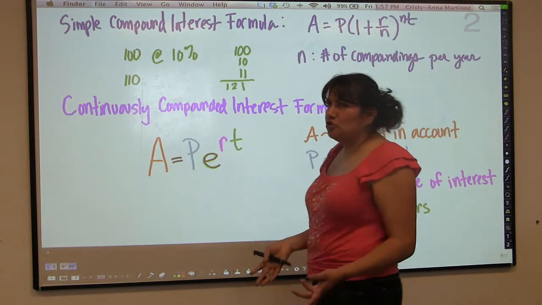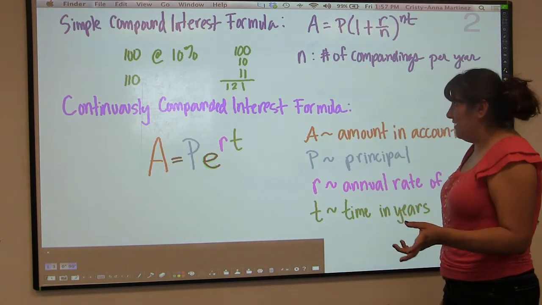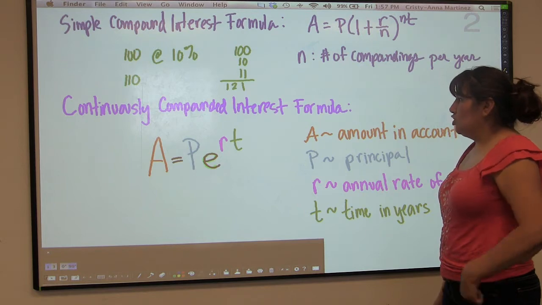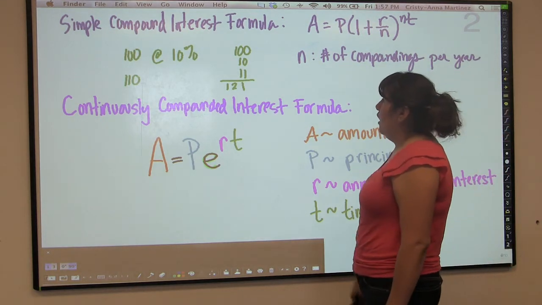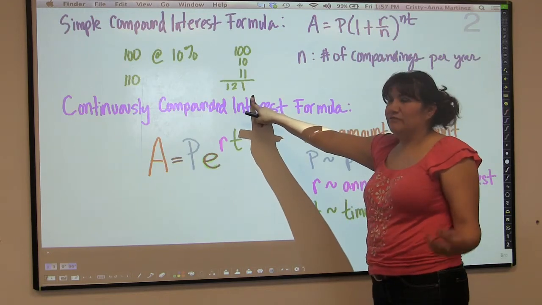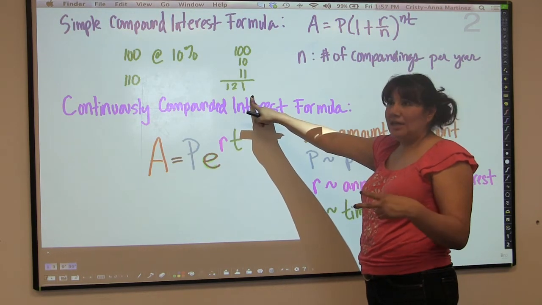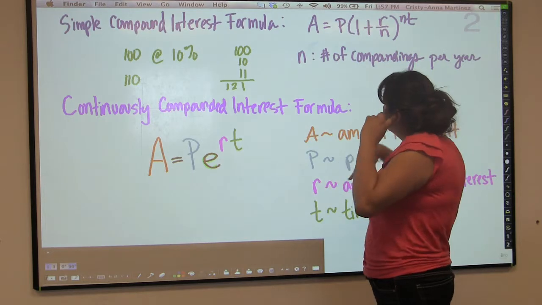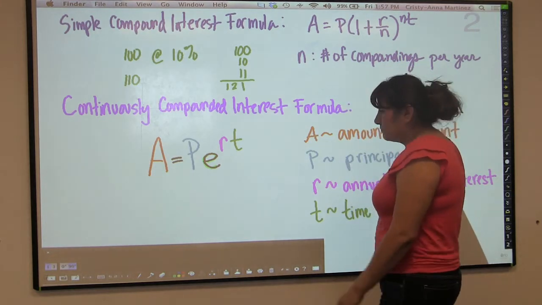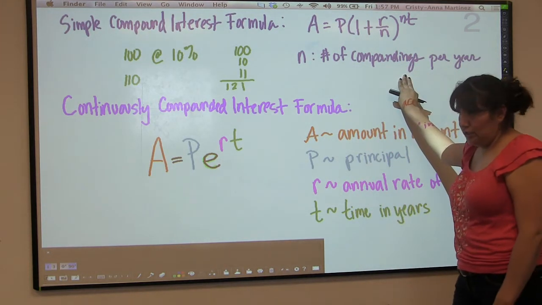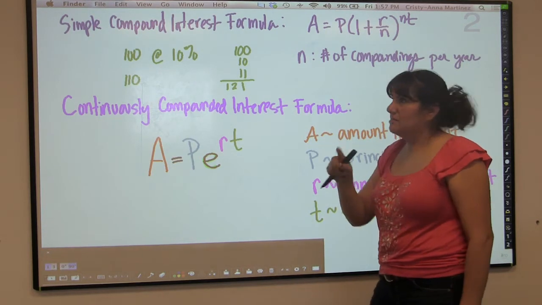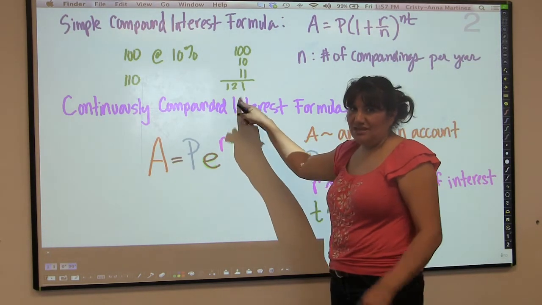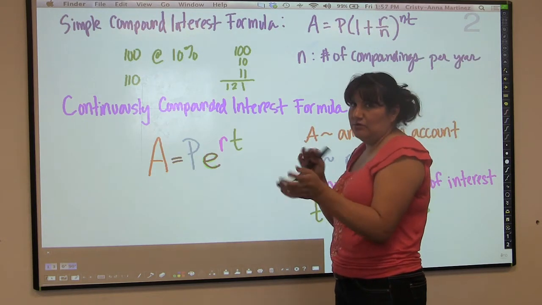So again, don't want to get too crazy into that. If you don't quite understand that just yet, you can ask me in class next class period. But basically, you get $121 after 1 year, after 2 compoundings. If you compound 12 times a year, after 2 months you would have $121 because every compounding you're adding 10%.